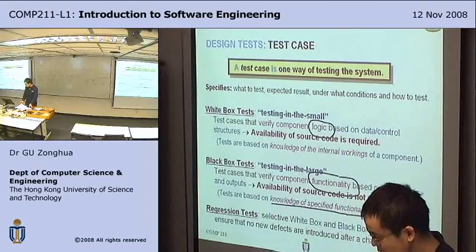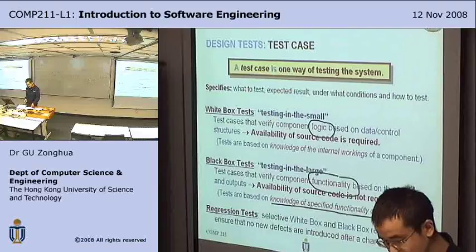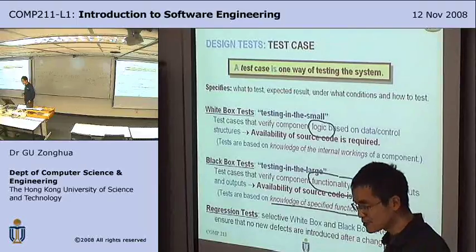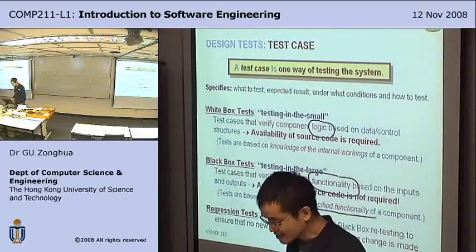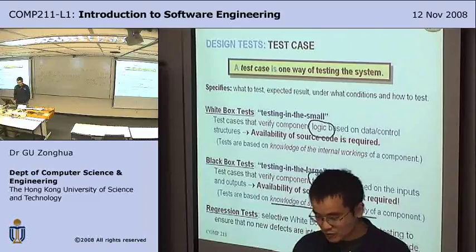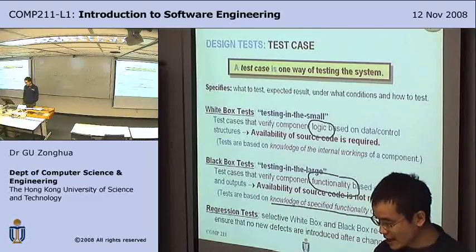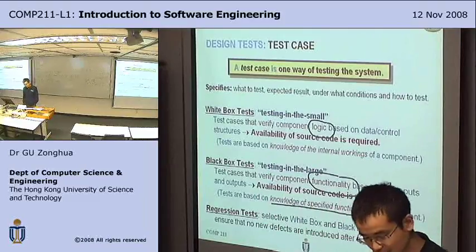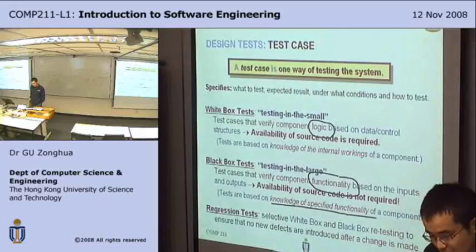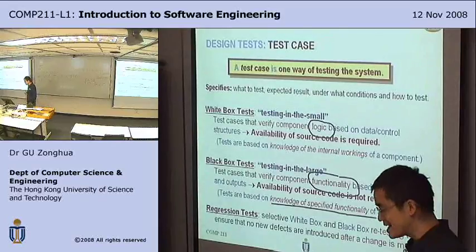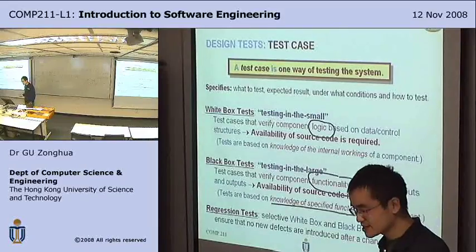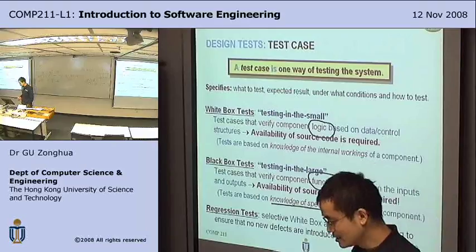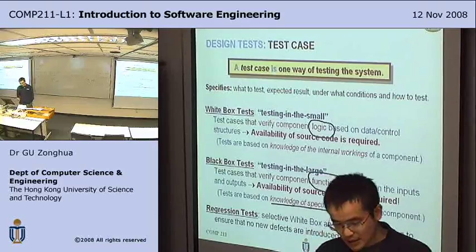Regression tests are selective white box and black box testing, a combination of both, retesting to ensure that no new defects are introduced after a change is made. Sometimes when you update the system by adding new functionality or fixing a bug, you may introduce new bugs.